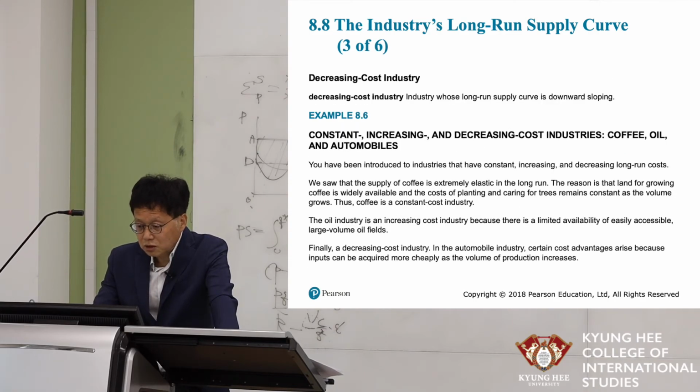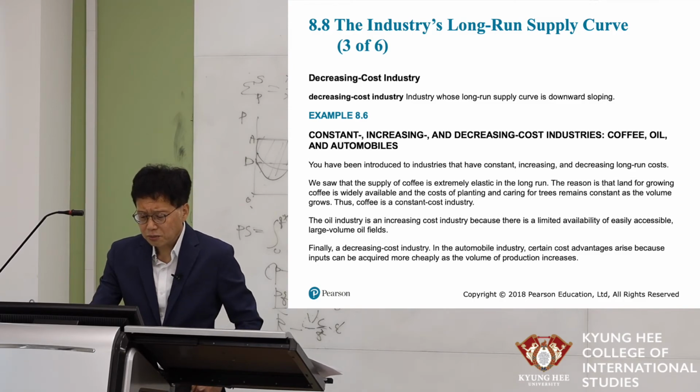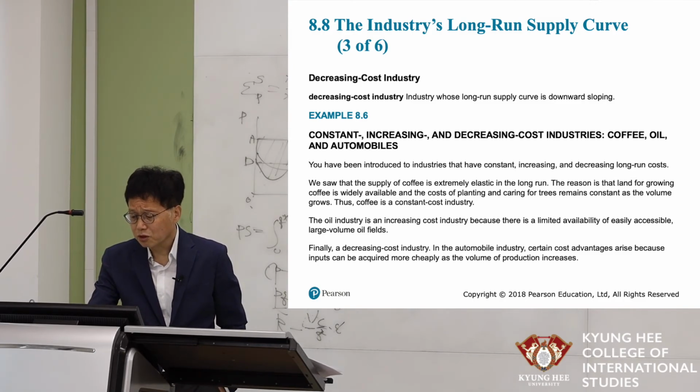So a decreasing cost industry means an industry whose long-run supply curve is downward sloping. Practice the graphical illustration for yourself. And example 8.6. You have been introduced to industries that have constant, increasing and decreasing long-run cost. We saw that the supply of coffee is extremely elastic in the long run.